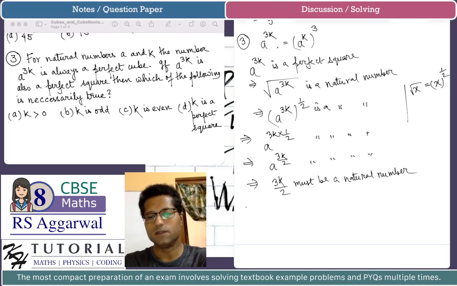Now this will imply that 3k by 2 must be a natural number. This will imply that k by 2 must be a natural number.